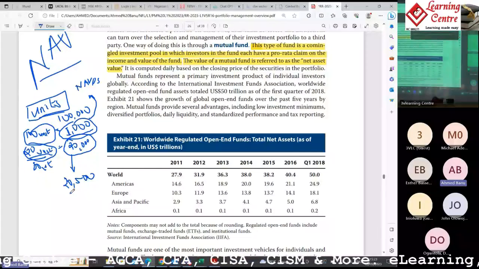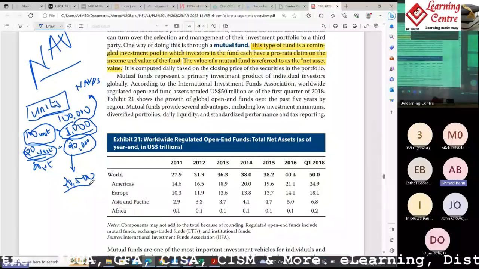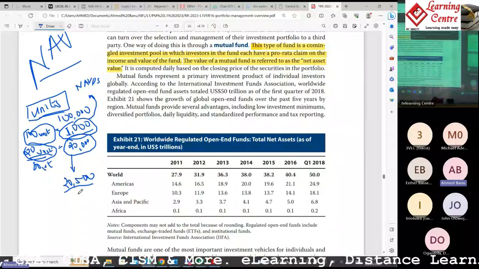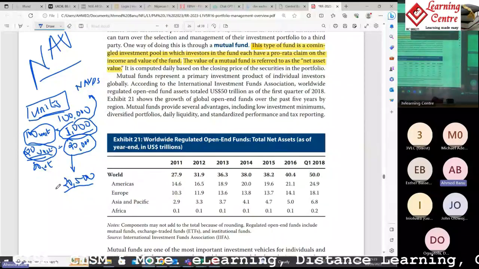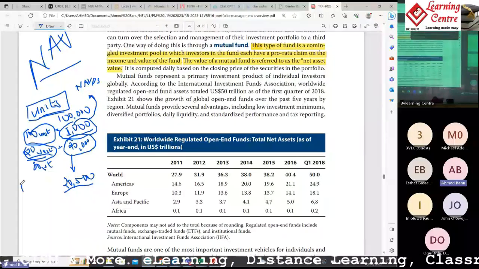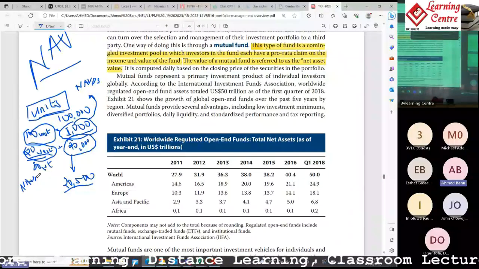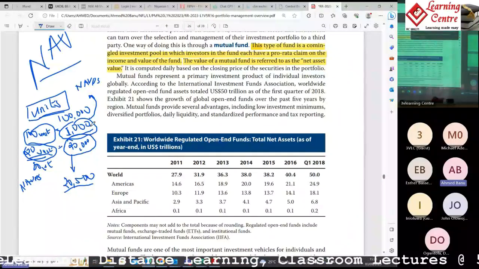But at the end of the day, the 20,000 naira is now 20,500, maybe due to some gymnastics that the fund manager has done. That means at the end of the day, your NAV per share is no more 1,000 naira.